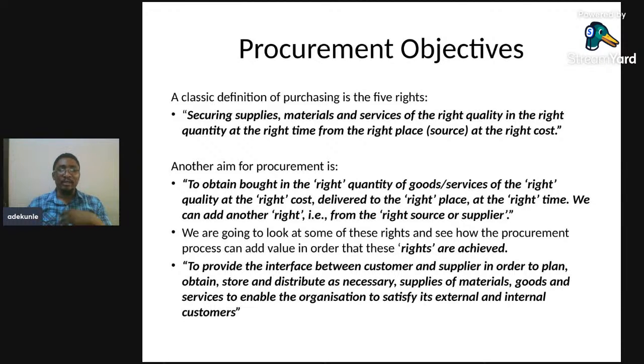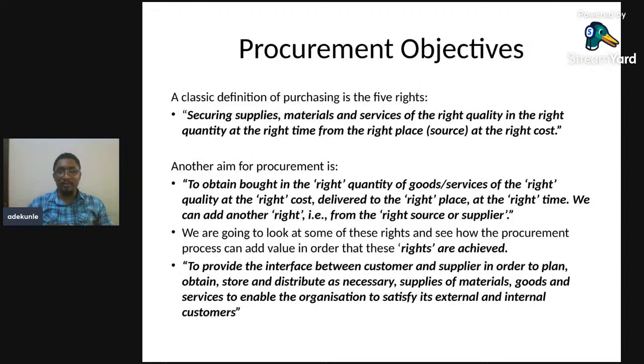We're going to look at all these rights and see how the procurement process can add value so that these rights are achieved. We're also going to look at this in depth. And we must understand that it provides an interface between customer and supplier in order to obtain, store, distribute.